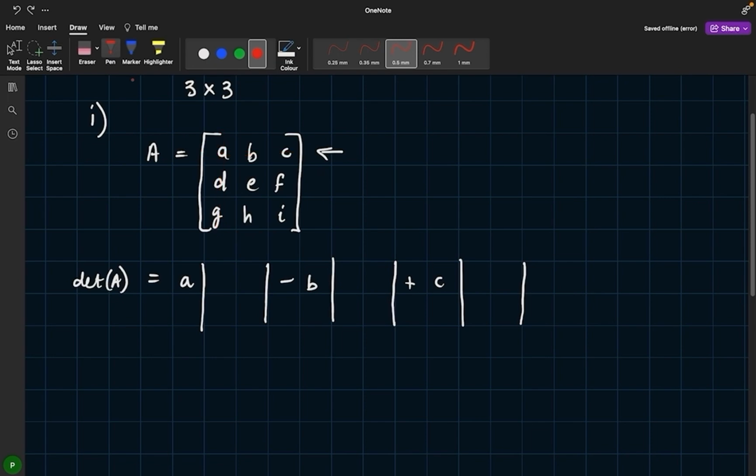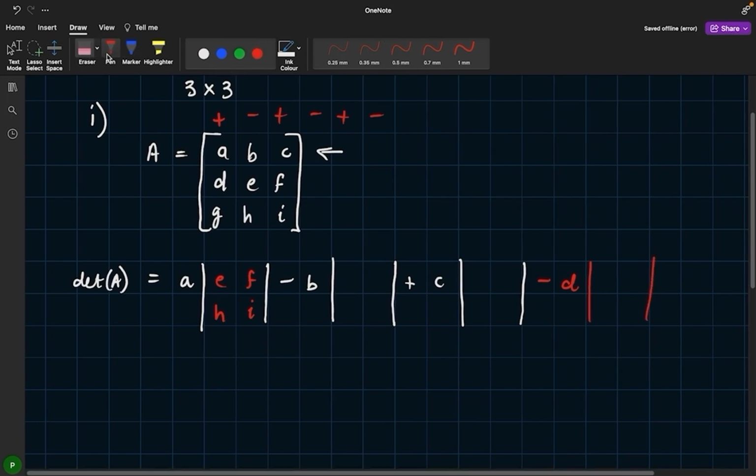And that is the 2 by 2 matrix that goes in this, EFHI. Notice how it's positive, negative, positive, negative. That is how it follows. No matter how long your matrix is, it always follows as positive, negative, positive, negative, positive, negative. So if there was another column over here, you would put minus some D followed by some 2 by 2 matrix. But in this case, we don't have that. We only have this, and we're going to stick with this.